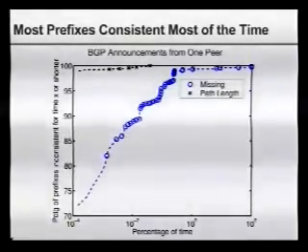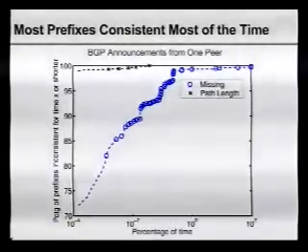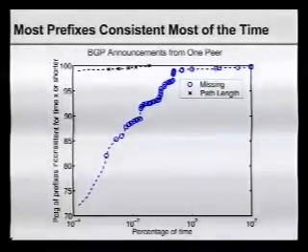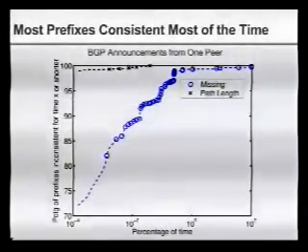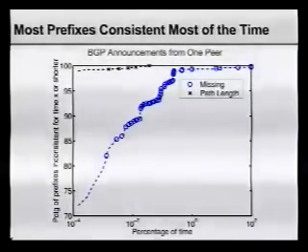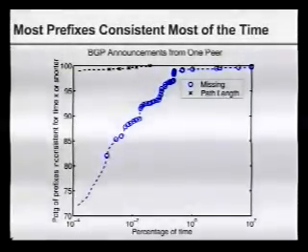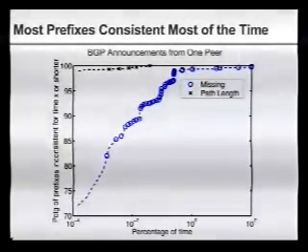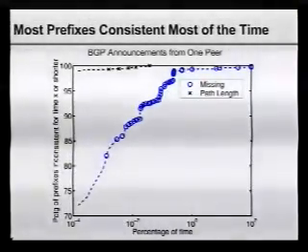Okay, so the way to read this graph is, on the x-axis I have percentage of time, so that's duration of time for the trace. It's a log scale, so 10 to the 0, i.e. 1%, would be 2 hours roughly, and 10 to the minus 2 is essentially a minute.